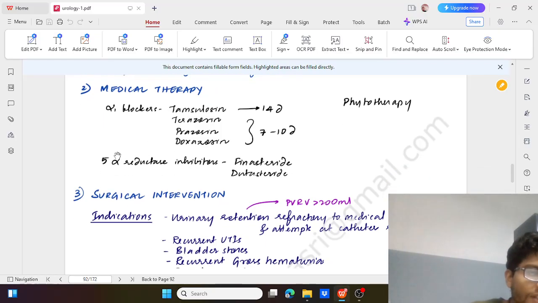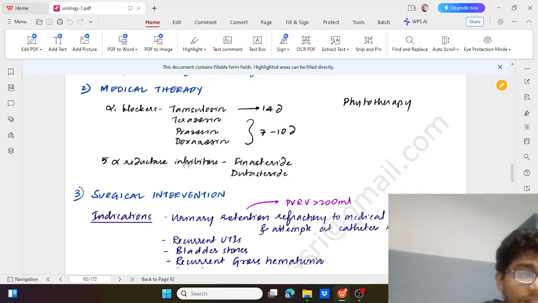Then coming to the next drug, that is 5 alpha reductase inhibitor. These stop the conversion of testosterone to dihydrotestosterone. These drugs are finasteride, dutasteride. The side effect of these drugs is impotence. So we have to be careful while initiating these drugs and inform the patient, and if there are any of these symptoms, then we have to stop the drug.